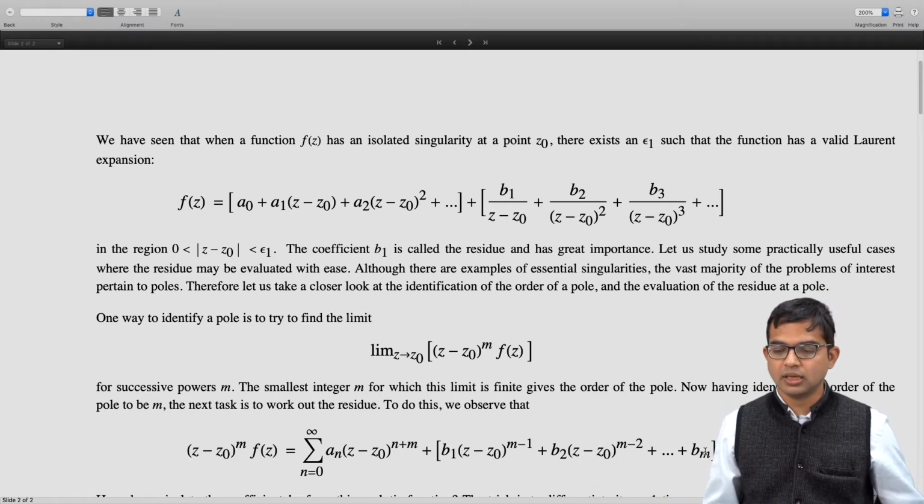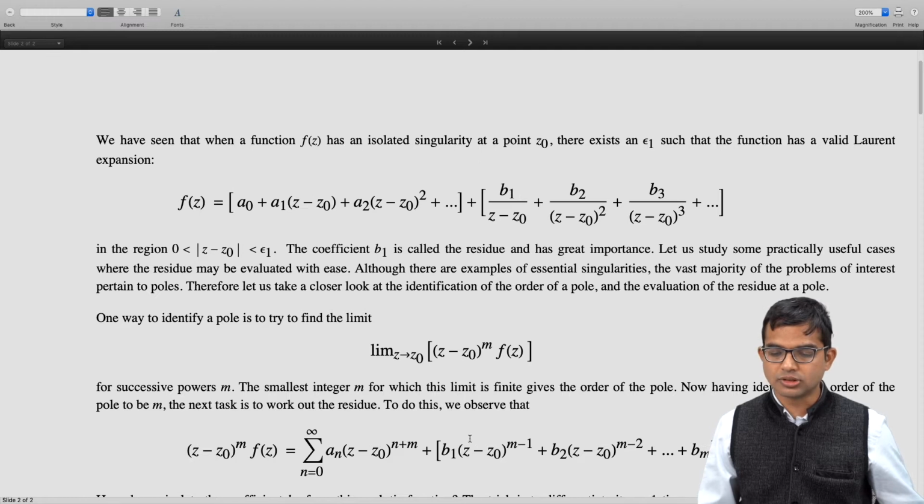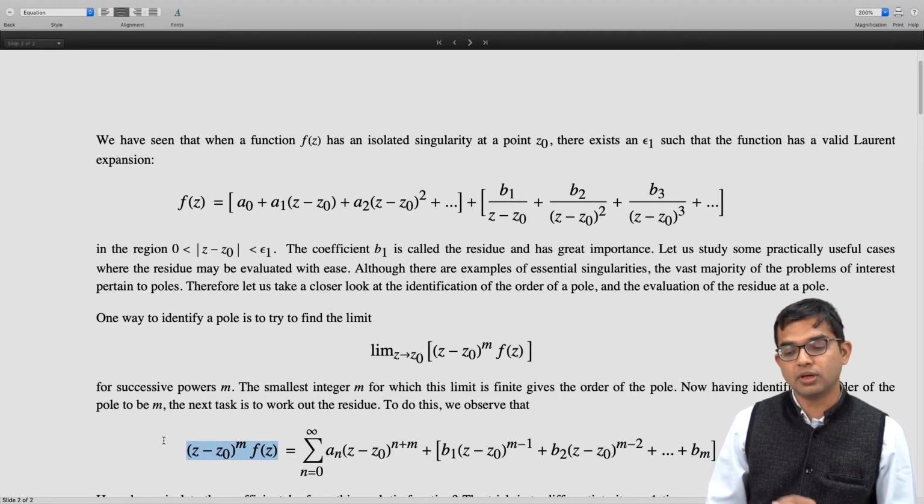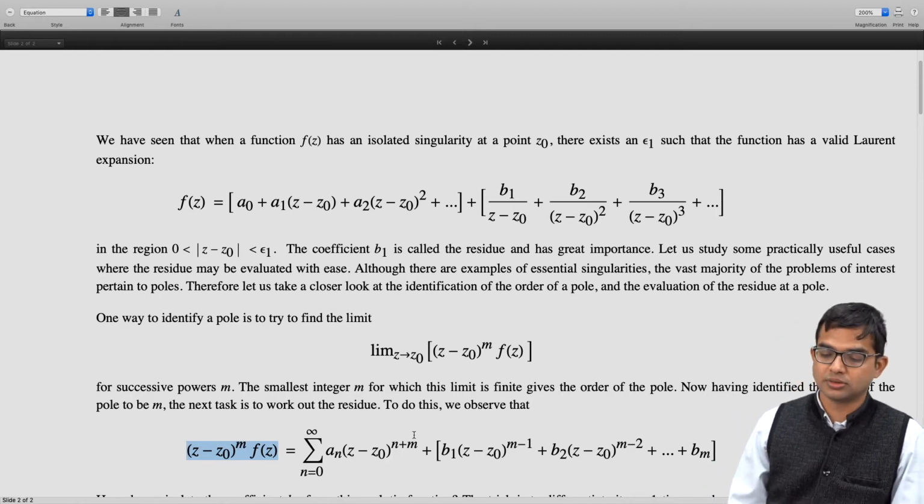So this is an analytic function, basically a Taylor expansion. From this nice smooth analytic function, what can you do to pull out the coefficient b1? It's b1 which we care about, that's the residue.